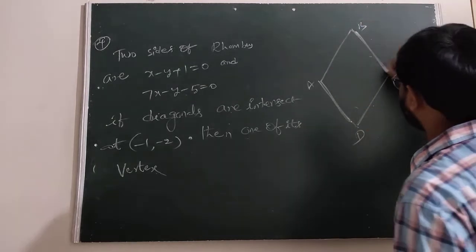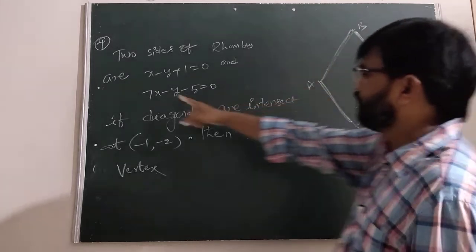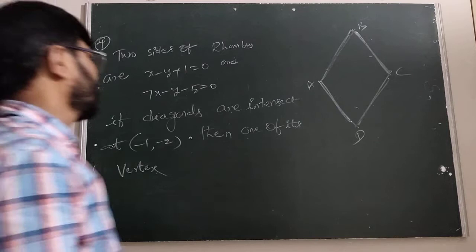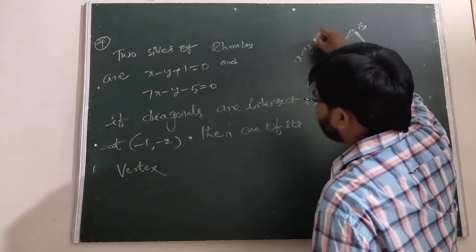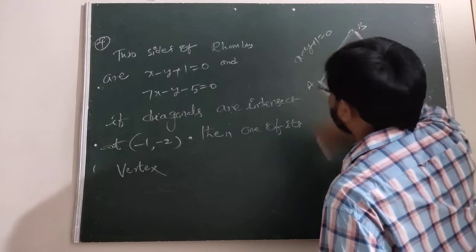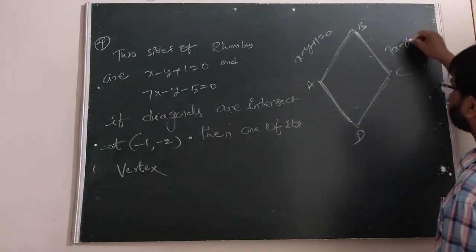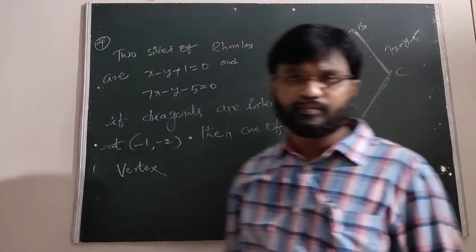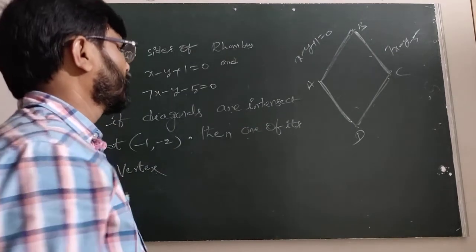AD is parallel to BC, AB is parallel to CD, but the given lines are not parallel lines. That's why the equation of AB is the line x minus y plus 1 equal to 0. Another line is 7x minus y minus 5 equal to 0.